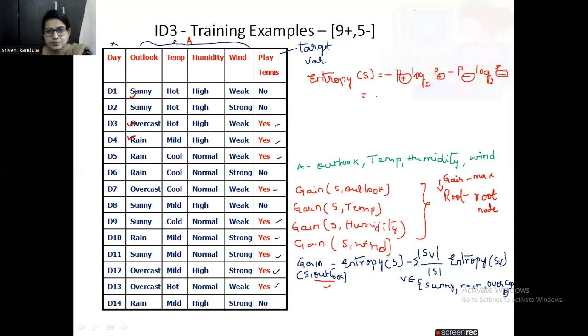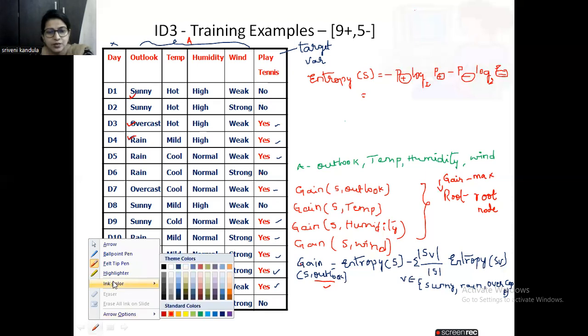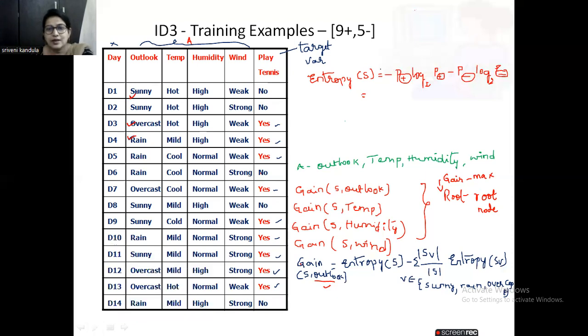One second, let me change my ink color. Meanwhile, I hope all of you are ready for the calculation. Those who are working with a scientific calculator can directly get the value of log base 2. If you are working with a system calculator, a mobile calculator, or a normal pocket calculator, then the value you obtain is a log base 10 value, not log base 2.